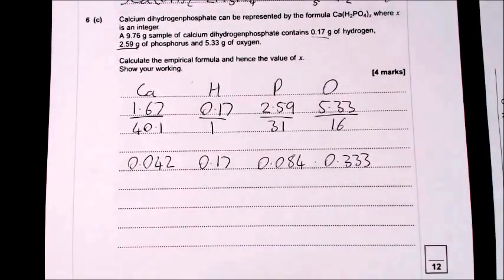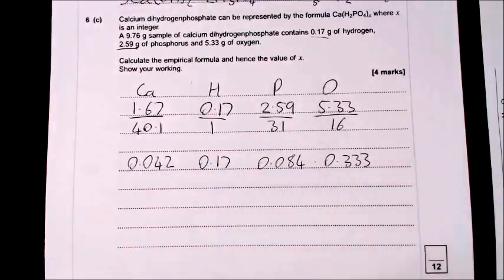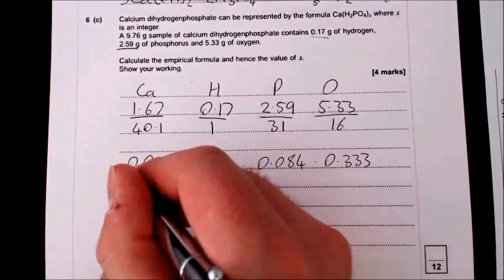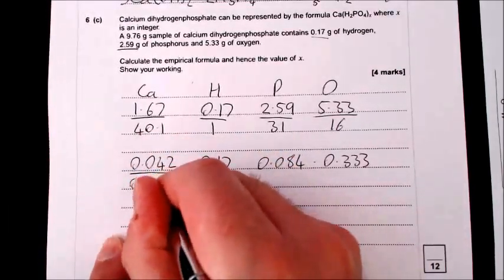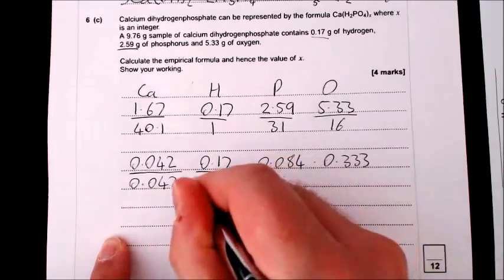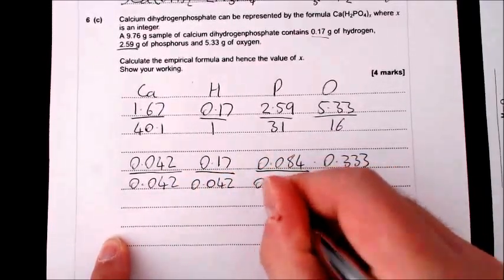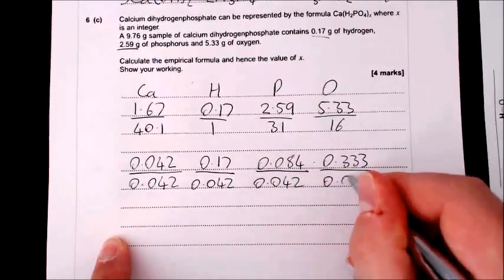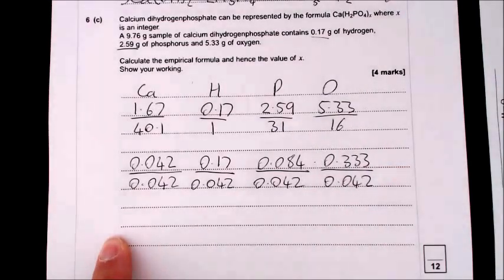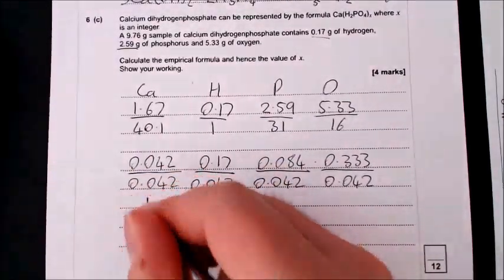Once we've done that, we then need to divide all of these numbers by the lowest number of moles. So the lowest number of moles is this one here. So we're going to divide all of them by 0.042. Now if we put that into our calculator, obviously we get this one as 1.